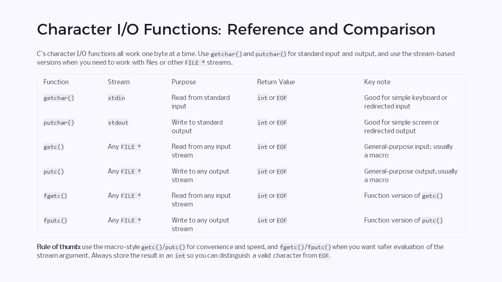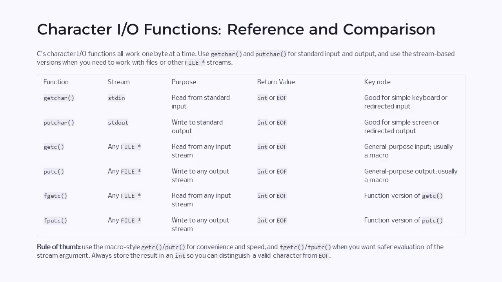Next, character I/O functions, reference and comparison. C's character I/O functions all work one byte at a time. Use getchar and putchar for standard input and output, and use the stream-based versions when you need to work with files or other file streams. The comparison is divided into function, stream, purpose, return value, and a key note. First function is getchar.